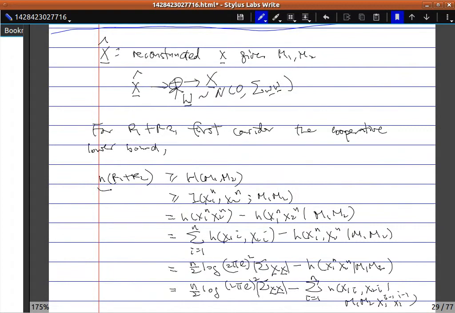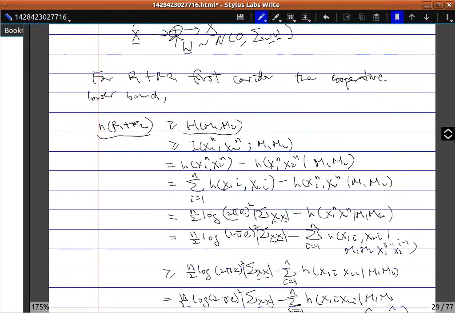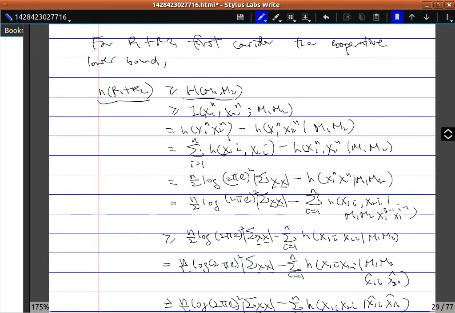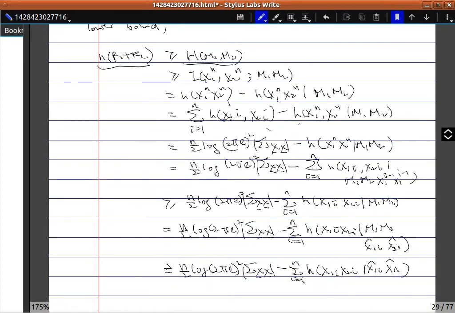We have n(R1 plus R2) is bigger than or equal to H(m1, m2), which is bigger than or equal to the mutual information, and then we split the mutual information this way. Everything is actually kind of straightforward here. So you have this chain rule here, and this is okay. We applied the, no, actually we didn't apply the chain rule here.